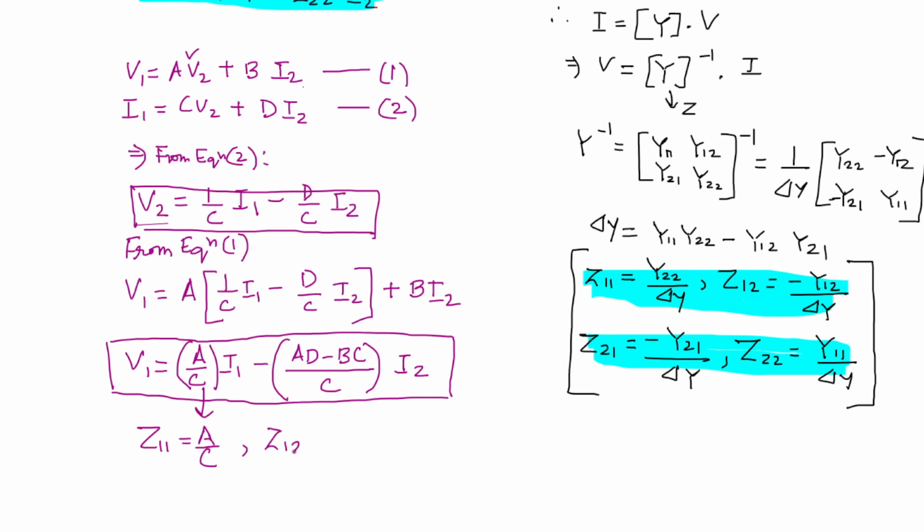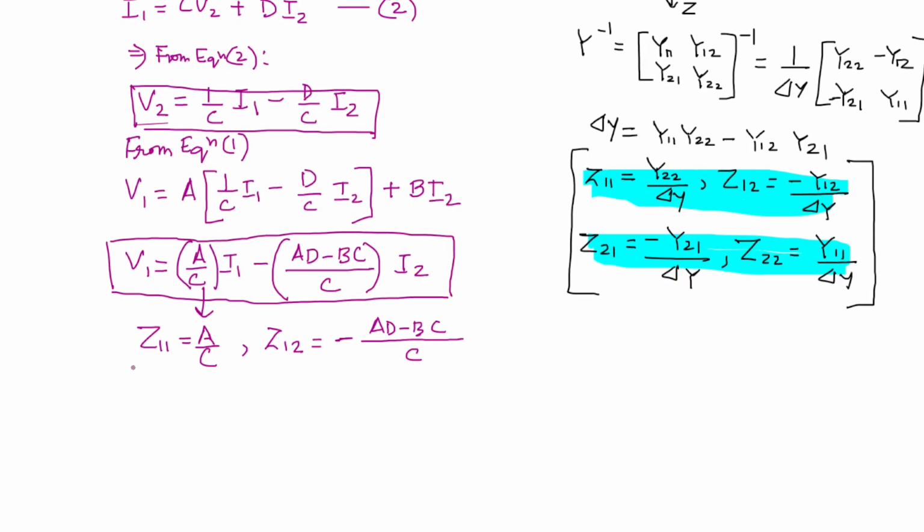So Z12 is equal to minus (AD minus BC) divided by C. Next, this must be 1 by C, it must be Z21.